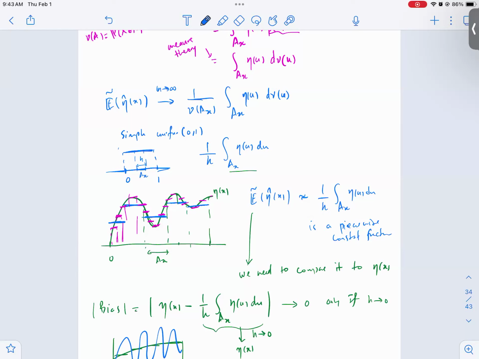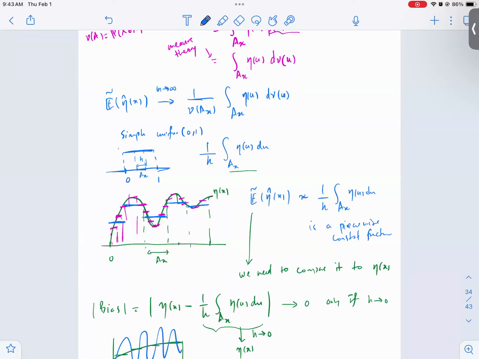What matters is that for any x in this partition, this cell of the partition that contains x, the mean is going to be constant for every other point in the cell. It will be the average of eta over that cell.